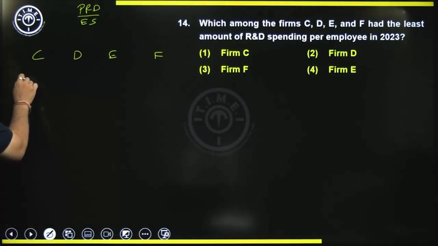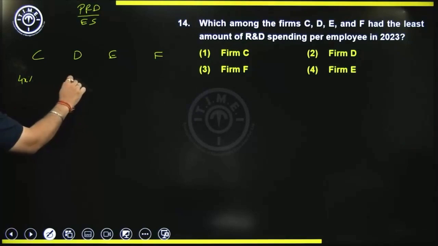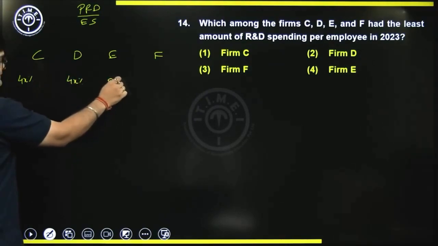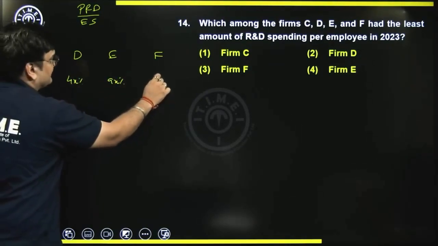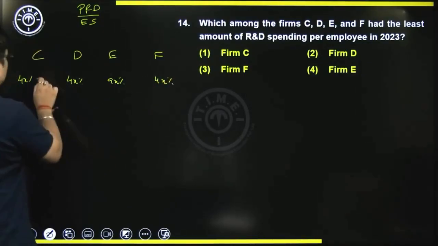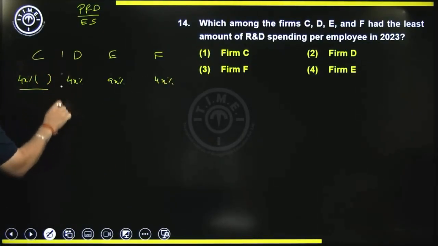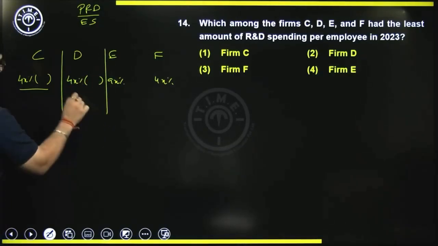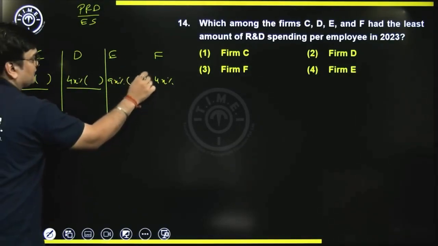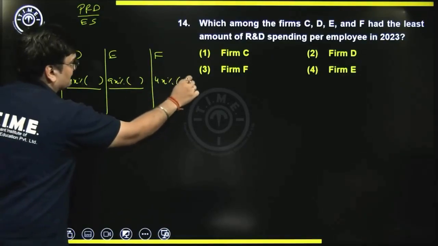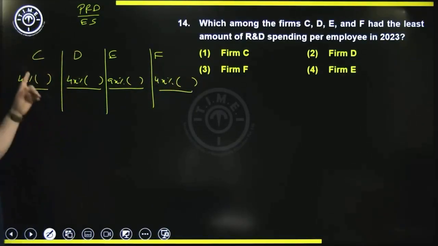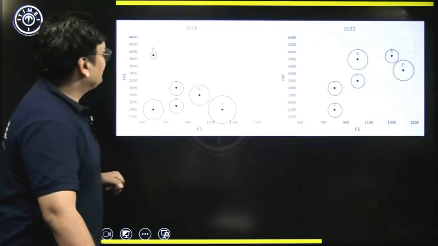So 4x percentage, D also, and E has 9x percentage. F is 4x percentage, by employee strength. Let us calculate for C. So what is the PAT for C?